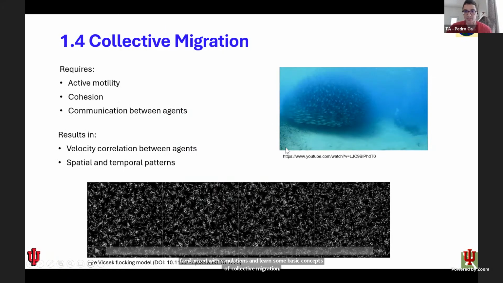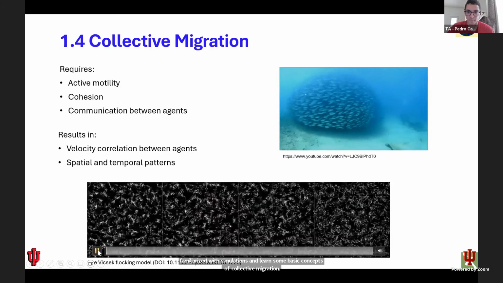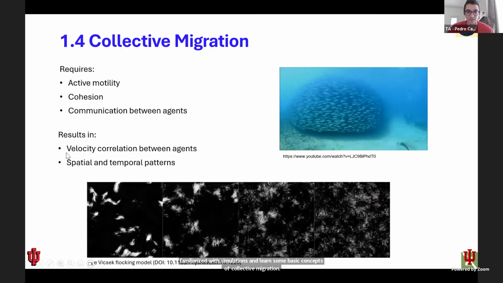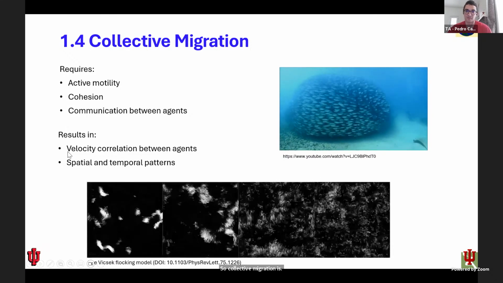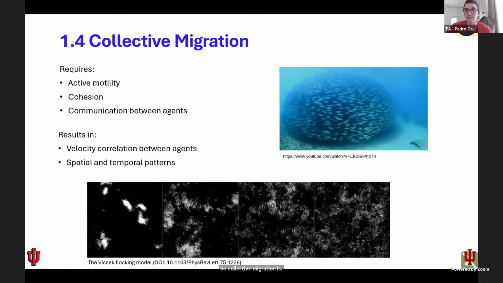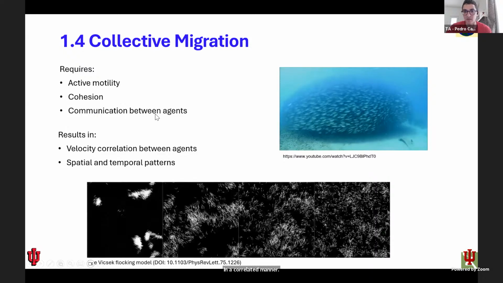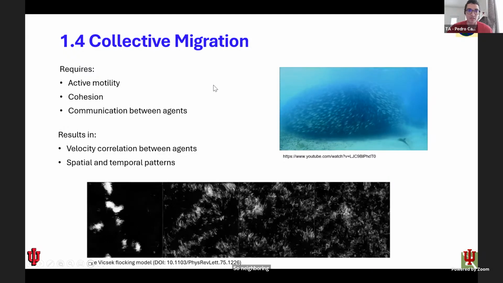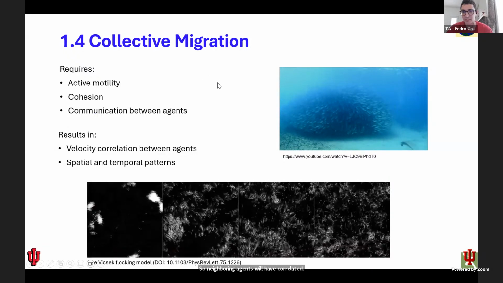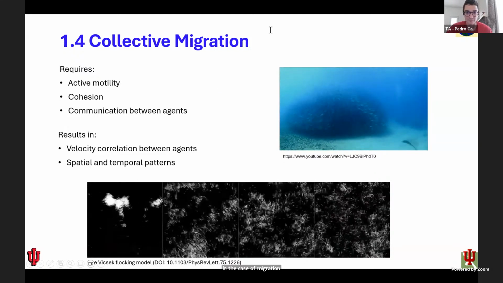Collective migration is when you have agents and they behave in a correlated manner. So neighboring agents will have correlated behavior, in the case of migration, correlated velocity.